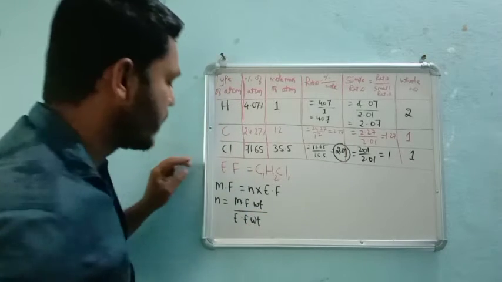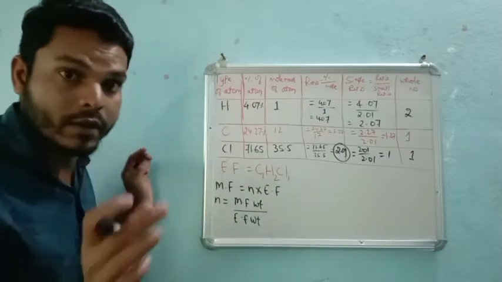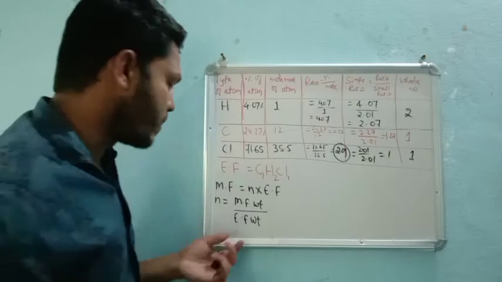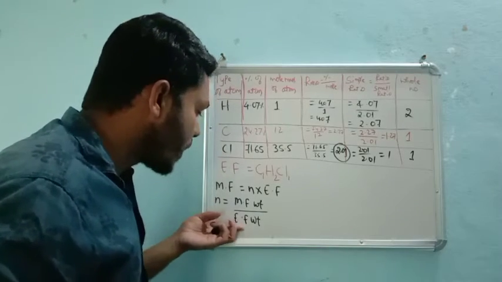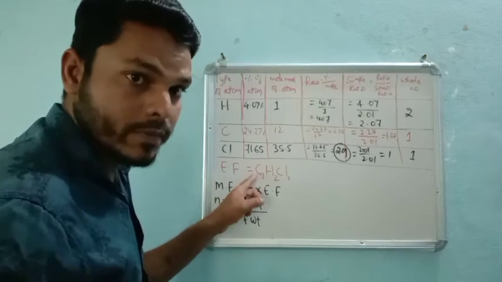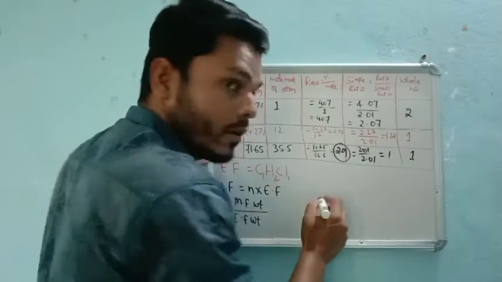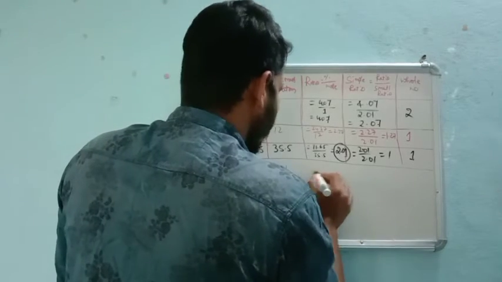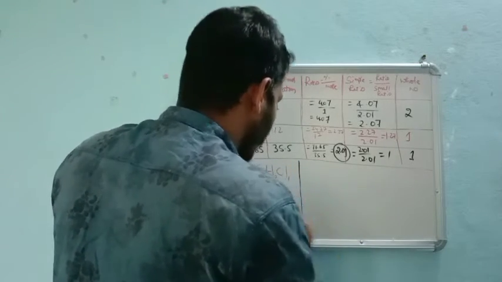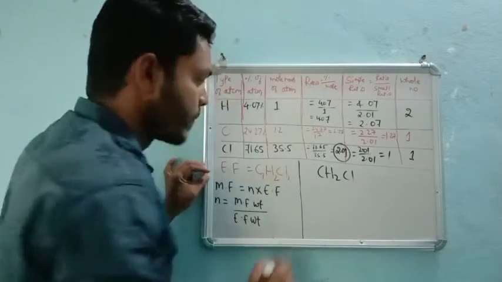The molecular formula weight they have already given in the bracket, in the question itself. But what we need to calculate is the empirical formula weight. So I will calculate it over here. First write down the compound, CH2Cl.